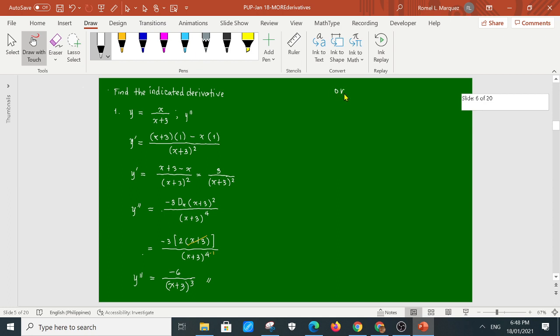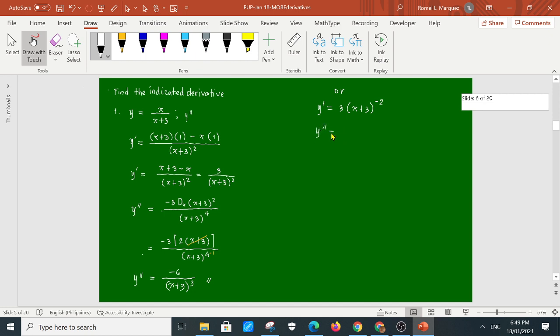Or, first, express the first derivative as 3 times x plus 3 raised to negative 2. Is it negative 4? Right? No, sorry, negative 2. 3 times x plus 3 quantity to the negative 2.